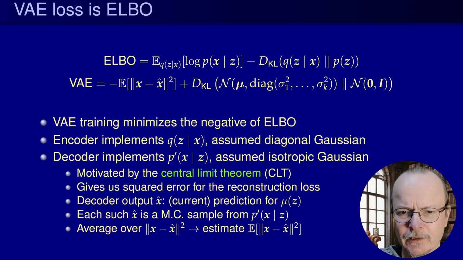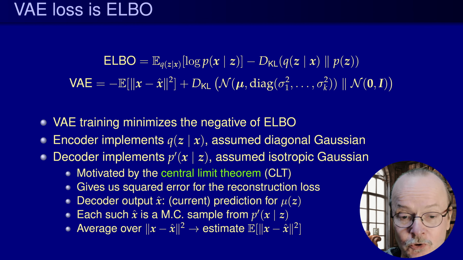It should now be clear that the VAE loss function is a specific instance of the general ELBO formula. In the VAE framework, the encoder learns the variational distribution q of z given x, while the decoder learns an approximation p prime of the generative distribution p.